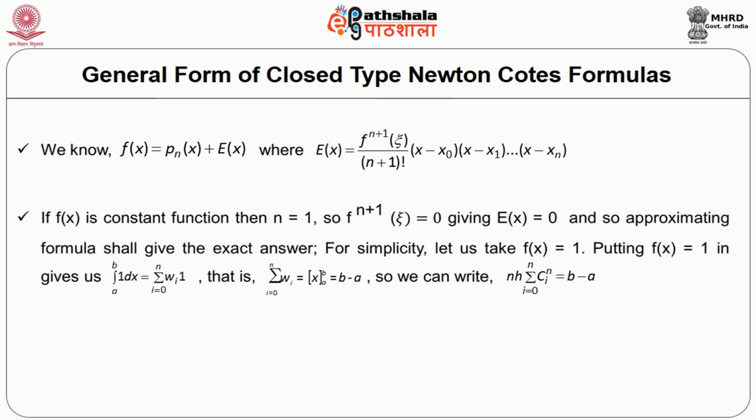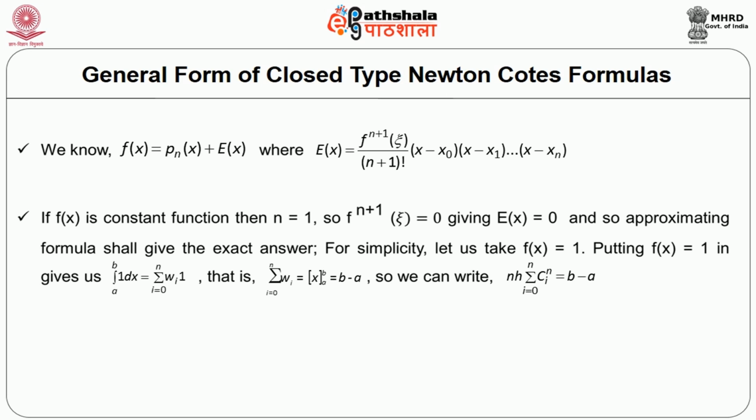Now the error term has the form f^(n+1) at the point xi by (n plus 1) factorial times (x minus x0)(x minus x1)...(x minus xn). So this (n plus 1)th derivative would be 0 for f of degree up to n, and so its integral is also 0. So the error term is 0, and the definite integral of a 0 is going to be 0.